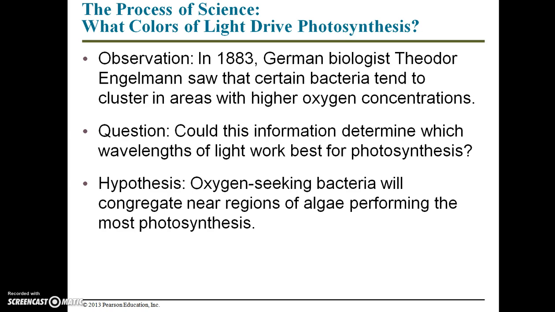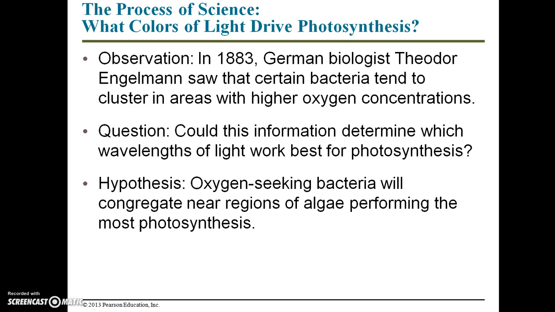Okay, so this is just a little overview of an experiment that was used to help identify the colors of light that were responsible for driving photosynthesis. As the observation in this scientific experiment, in 1883, German biologist Theodor Engelmann saw that certain bacteria tend to cluster in areas with higher oxygen concentrations.